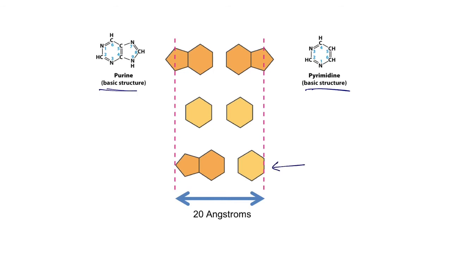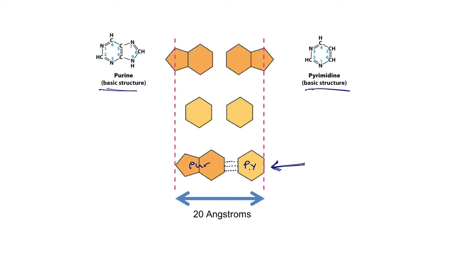Now, this bottom image here is showing how a purine and a pyrimidine typically pair together with hydrogen bonds. And depending on the pairing, it's 2 or 3 hydrogen bonds that keep those bases bonded together.